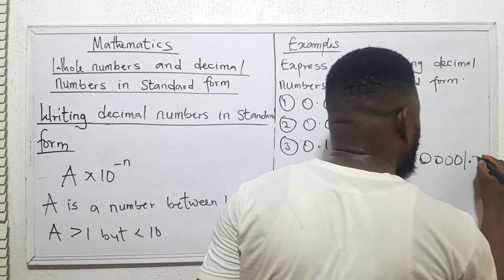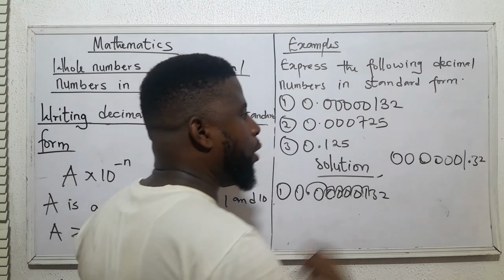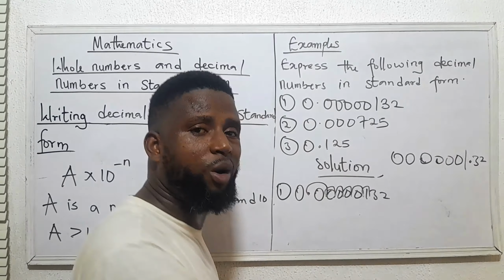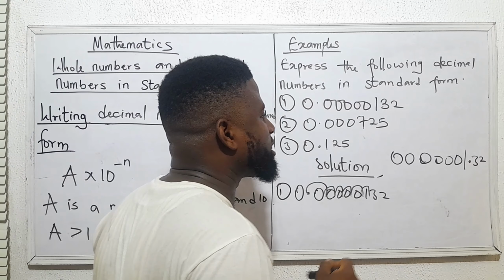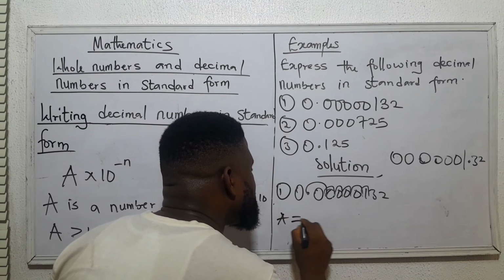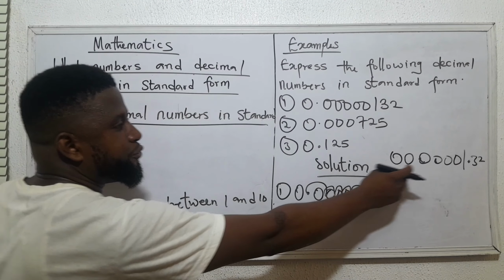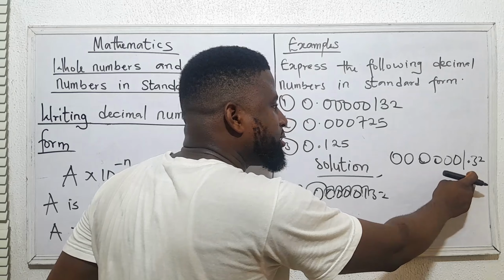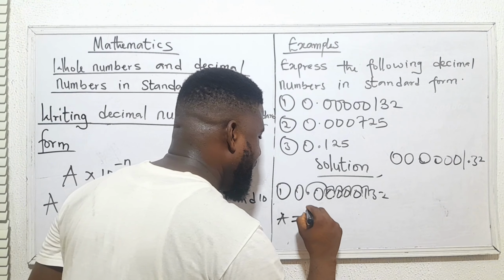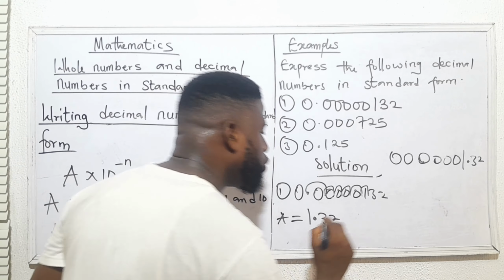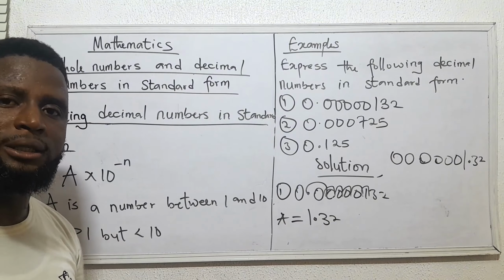So we will now have 1.32. Now 1.32 is clearly greater than 1, so all the zeros before the first digit are inconsequential. So our a is now 1.32, which is clearly greater than 1, right?